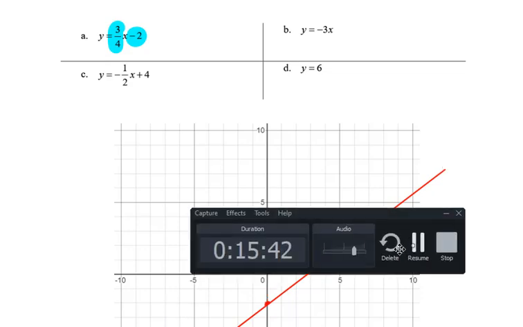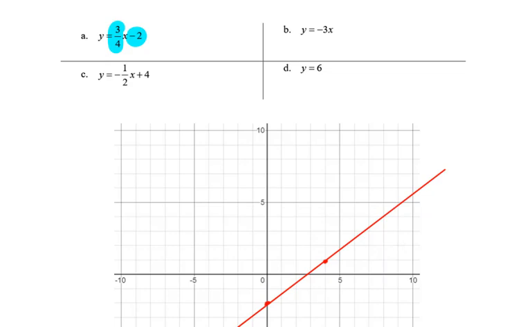So for example B here, what do we notice? We notice that we don't have a value of b, do we? So if there's nothing added on, you can think of it as being +0. That tells us our y-intercept is equal to 0. And we've got a slope, so we can write here b is equal to 0, and m is equal to -3/1.